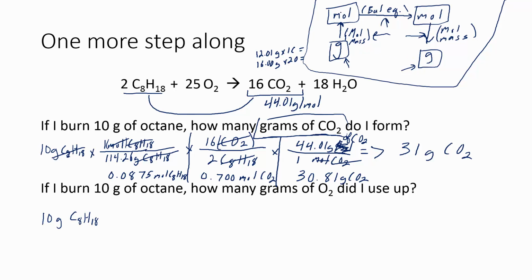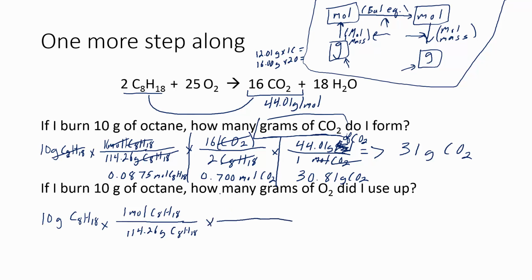We can go to moles, and the moles of the oxygen, and back to grams. So, first step, moles of octane. 1 mole of C8H18 for every 114.26 grams of C8H18. Good.